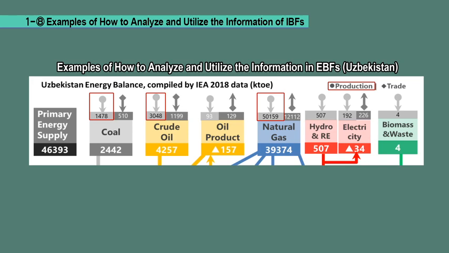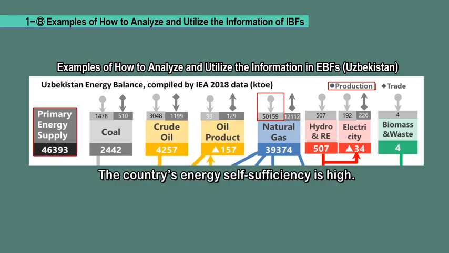The energy produced in Uzbekistan comprises a large portion of its energy supply. Natural gas production is particularly high at 50,000. Its total primary energy supply is 46,000. We can assume that energy self-sufficiency in the country is high.